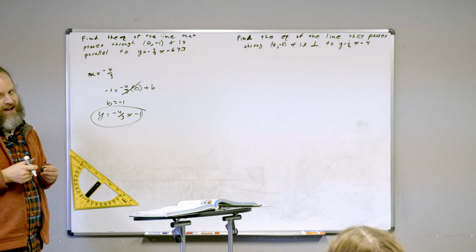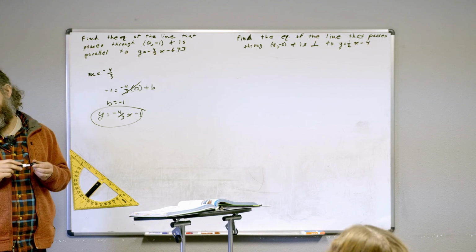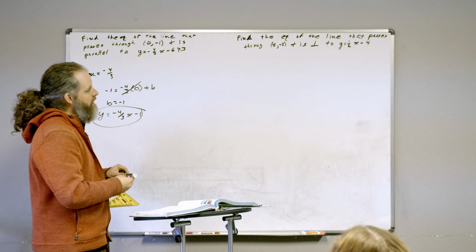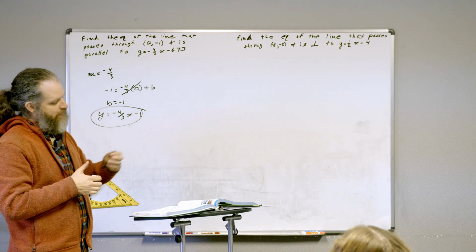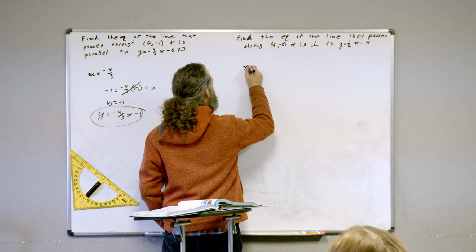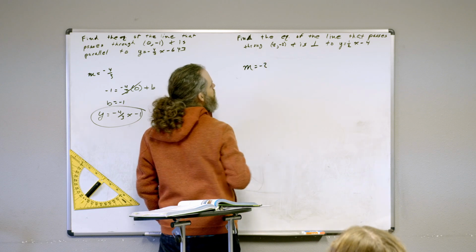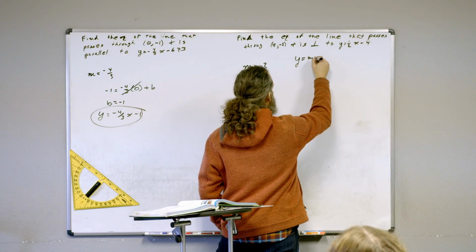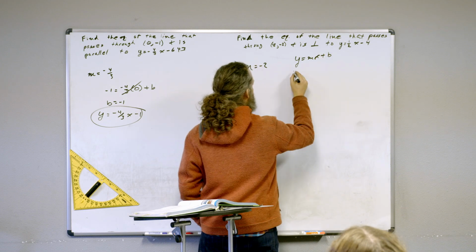So, the fact that our line is perpendicular to that line tells us what? The opposite reciprocal. Yeah, our slope is the opposite reciprocal of that slope, right? So our slope is what? Negative 2. Great. And then we're going to plug that into slope-intercept form just like we've been doing before.